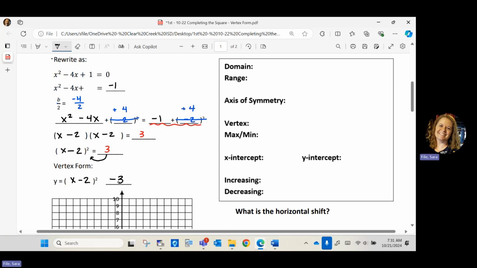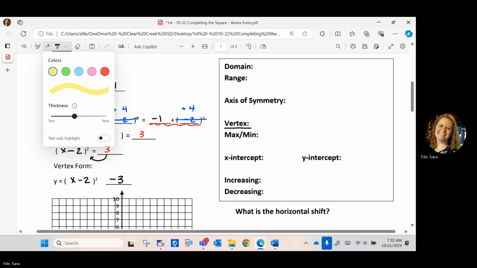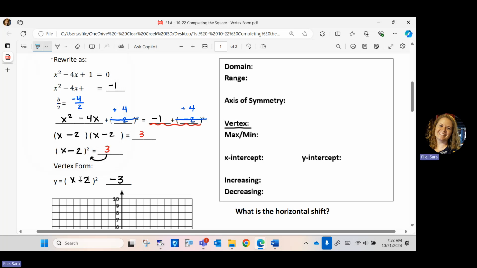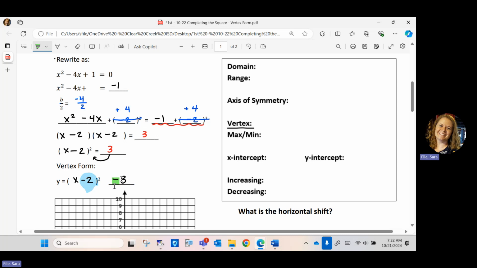So if that's my equation in vertex form, what is my vertex? What is my h, k?